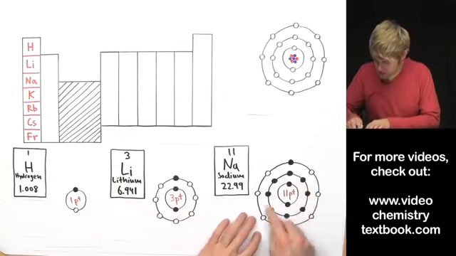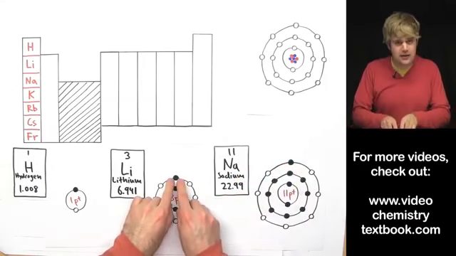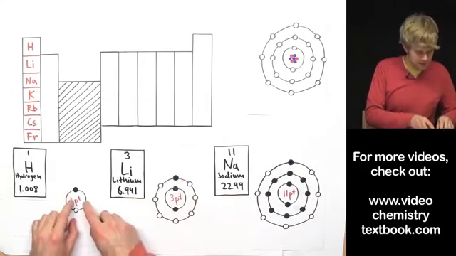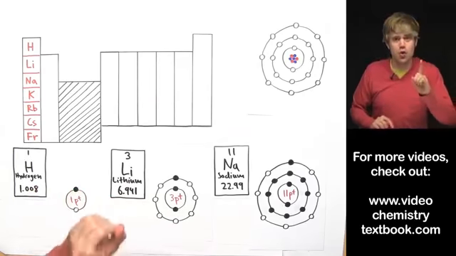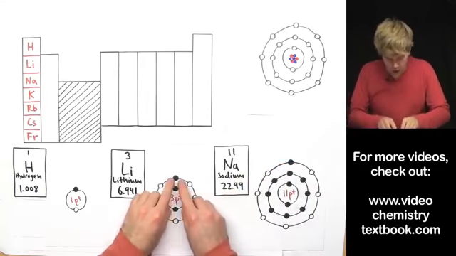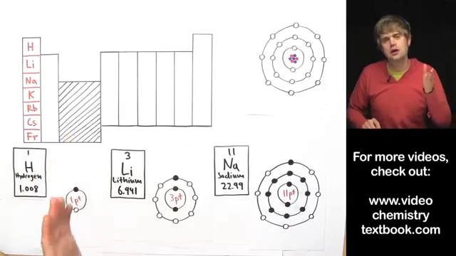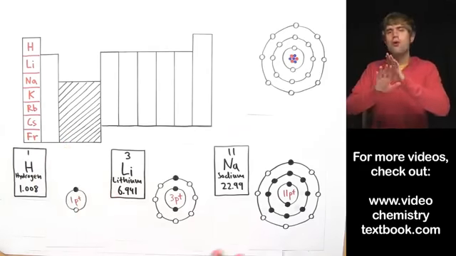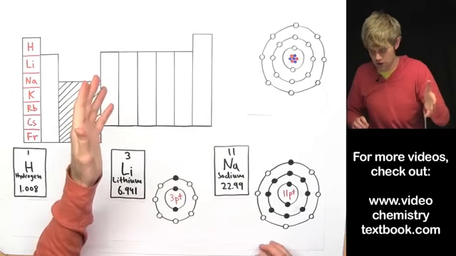This one's full, but then there's just 1 here. This one's full, and then there's just 1 here. And then hydrogen here only has 1 energy level, and it just has 1 electron in it. These electrons, 1, 1, and 1, are the valence electrons, the most important electrons in an atom. We'll talk more about why they're so important later.